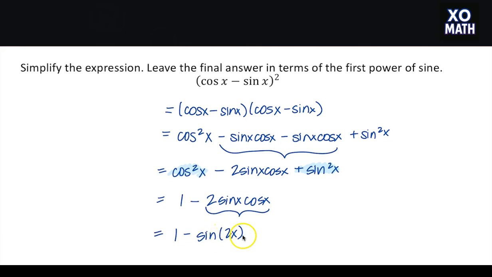I know sine of 2x is 2 times sine x cosine x, so I'm using that in reverse. And now I have an expression that has only the first power of sine involved. So I used two identities, the double angle identity for sine and the Pythagorean identity, cosine squared x plus sine squared x is equal to 1.